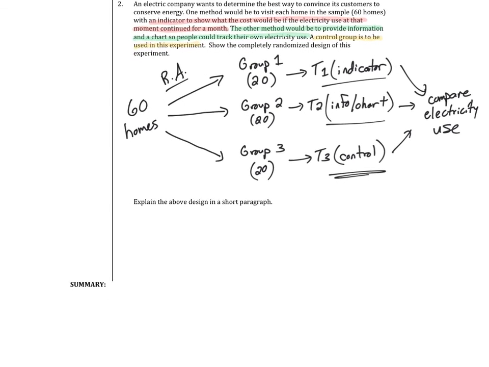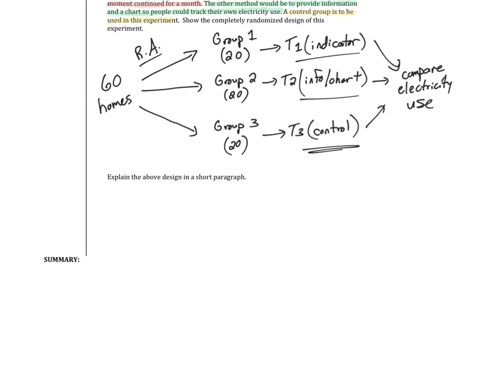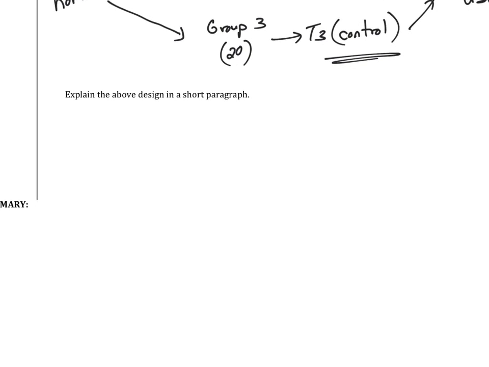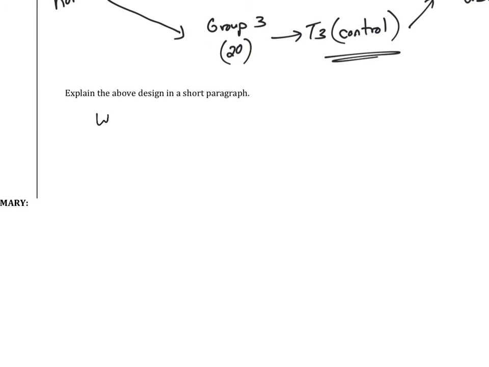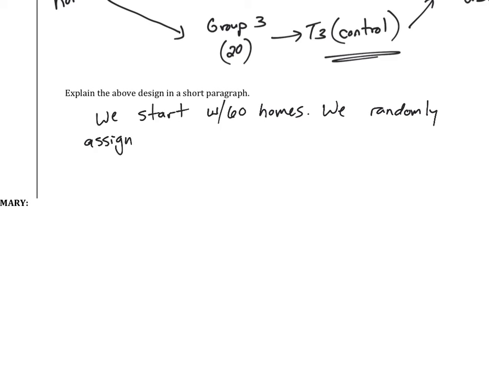All right, so explain the above design in a short paragraph. I'll just write a quick little summary. You'd say we start with 60 homes. We randomly assign them to 3 groups. I should actually write this out.